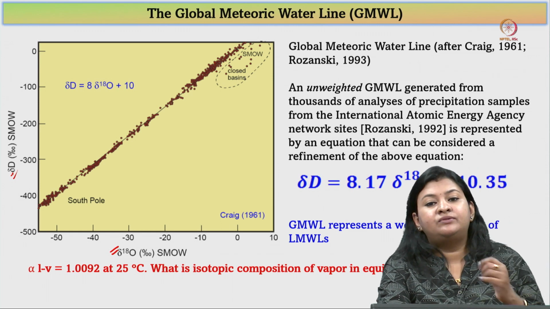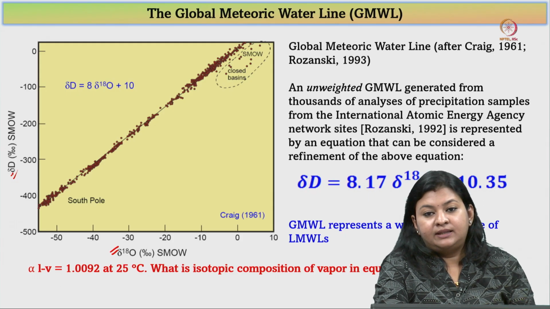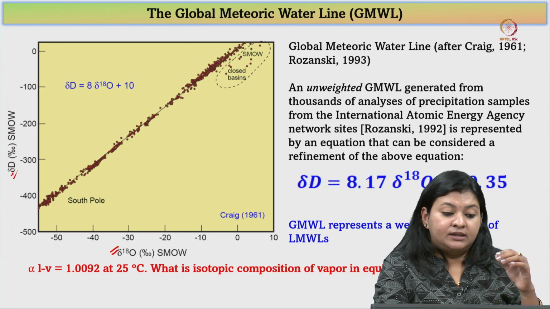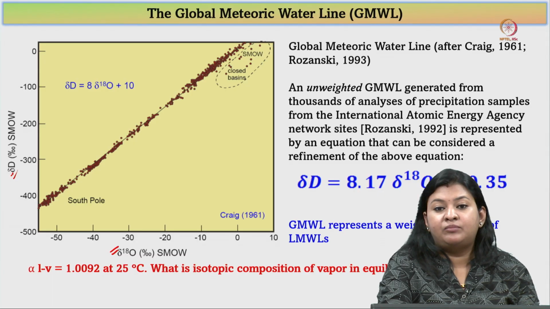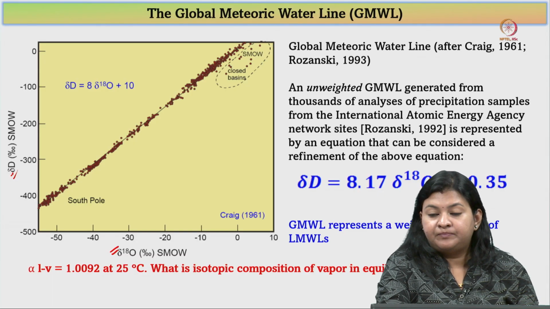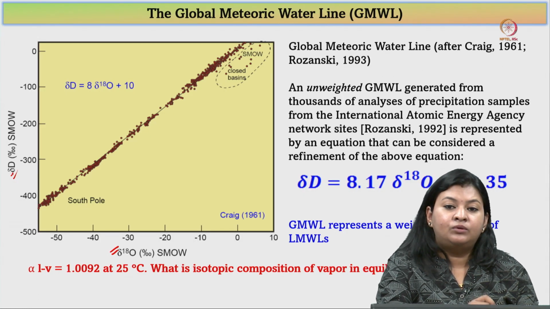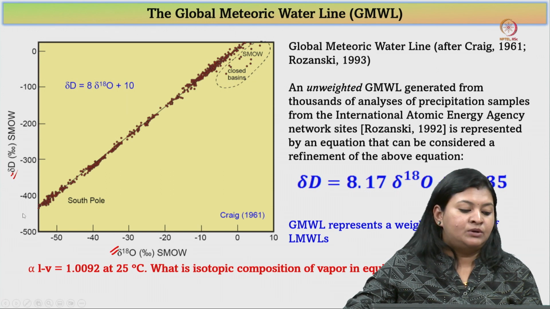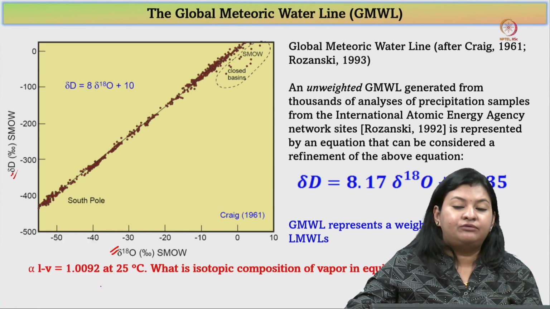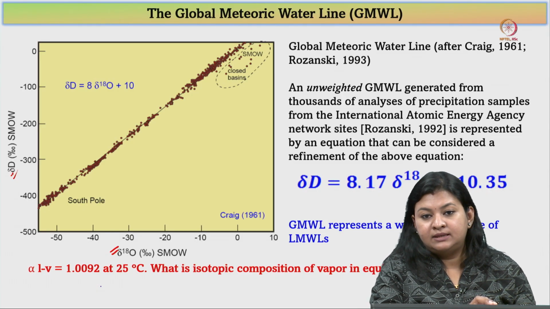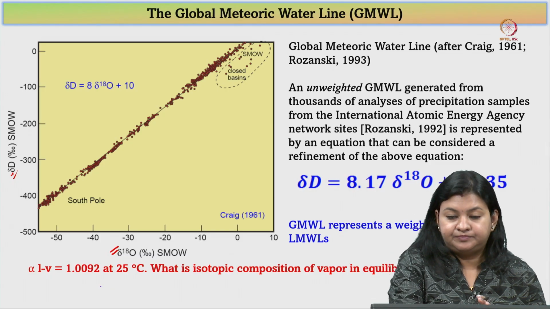It naturally exists in the earth system. This was first identified in the 1950s, but it wasn't understood why we have this correlation. The recognition was extremely important because in those days, using a single instrument for measuring both δ¹⁸O and δD was very difficult. You had different isotope ratio mass spectrometers to analyze oxygen-18 and δD.